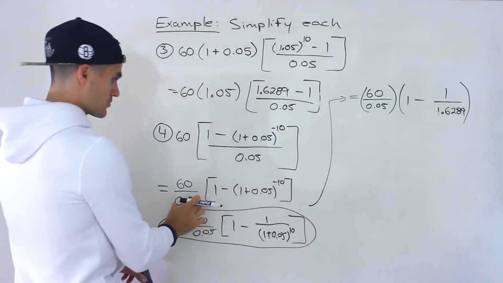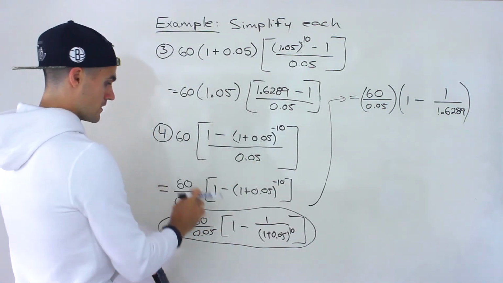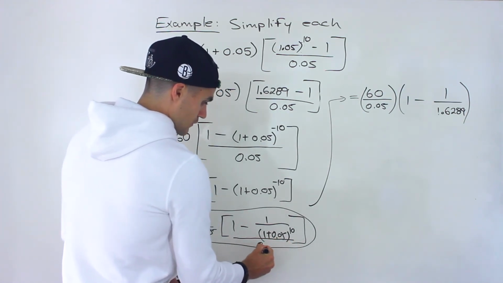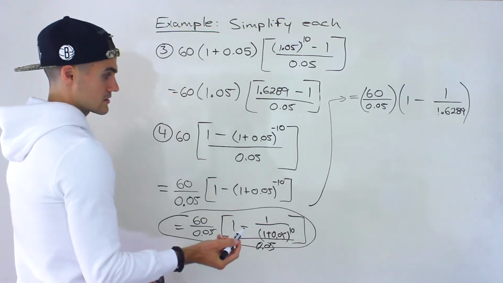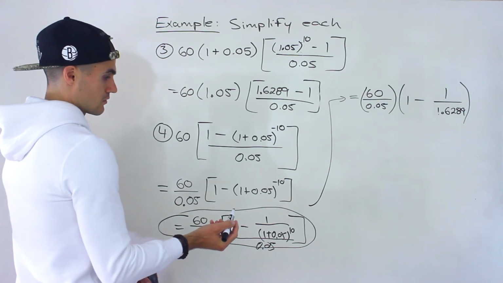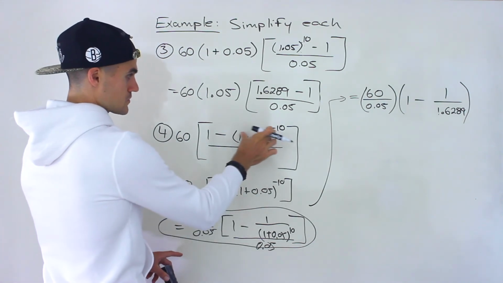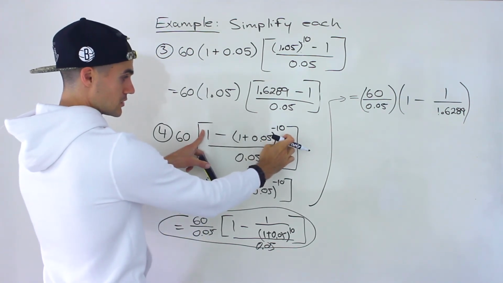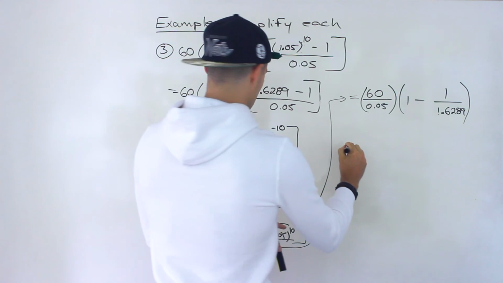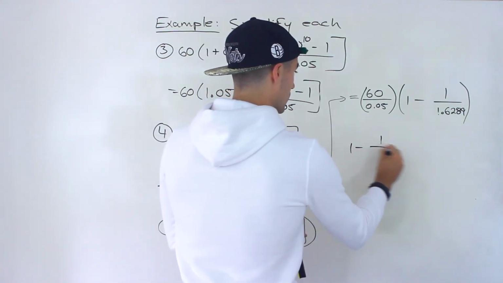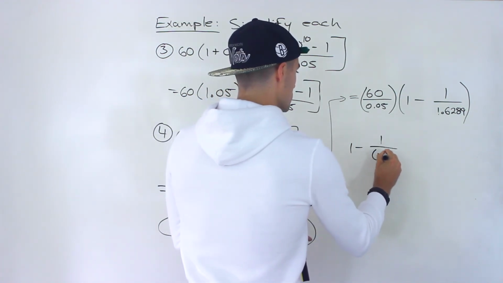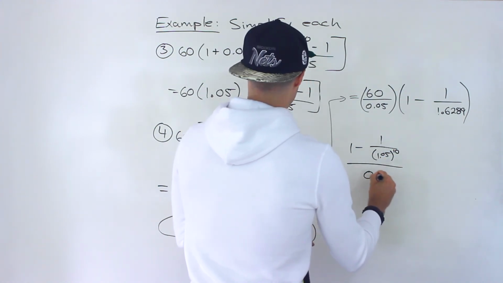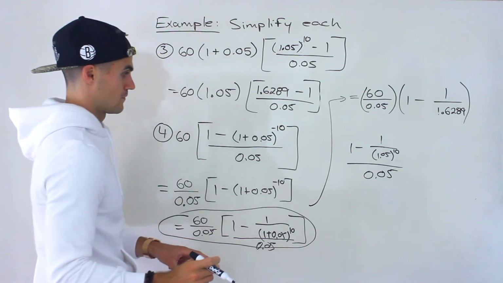Another thing I want to mention is this 0.05, if you didn't factor it out, you can take this whole thing and put it over 0.05. That's another way this could have been shown, right? So what we do is we just take this expression, put 1 over that. All of that would still be in the numerator. So just to show it more clearly, we'd have 1 over 1.05 to the power of 10, and that would be all over 0.05, right?